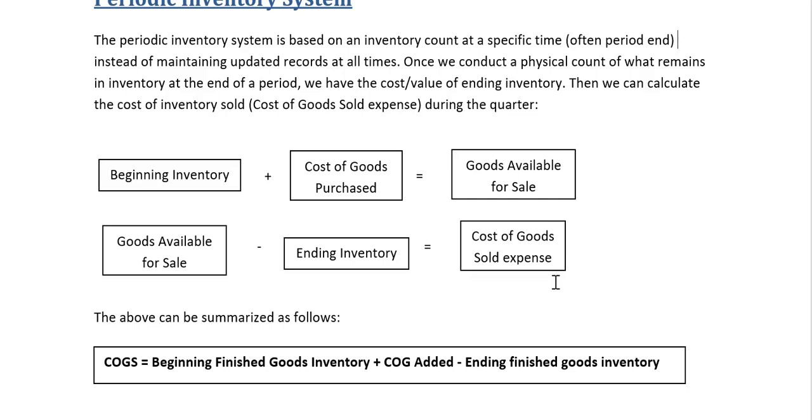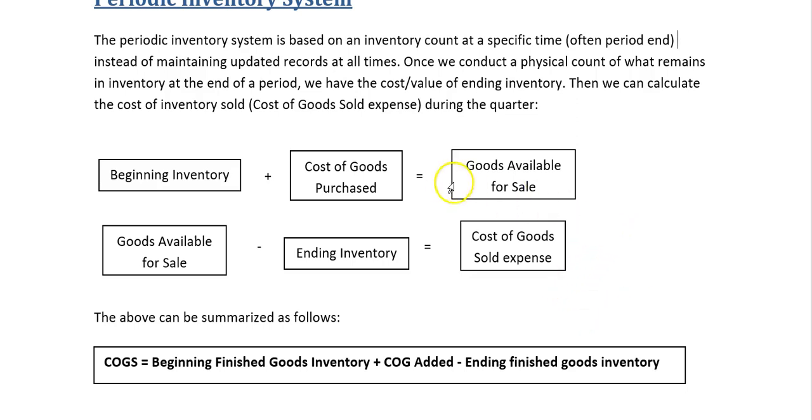And the reason for that is simply you don't want customers to come into your store looking for a certain good and leaving disappointed because you don't have the good in stock. There's always a little bit of a safety net which serves as beginning inventory for the following period.